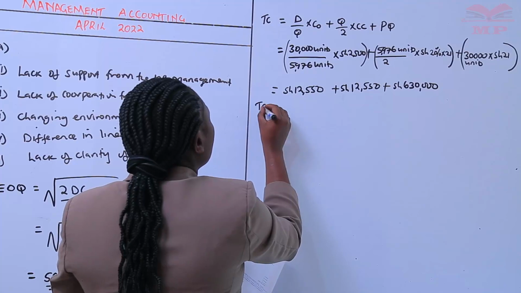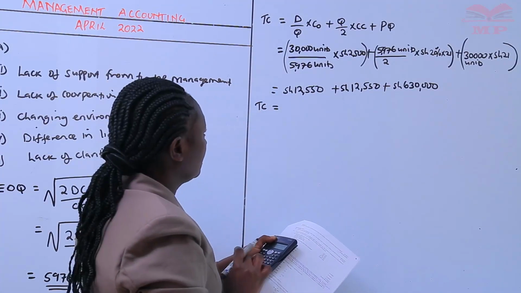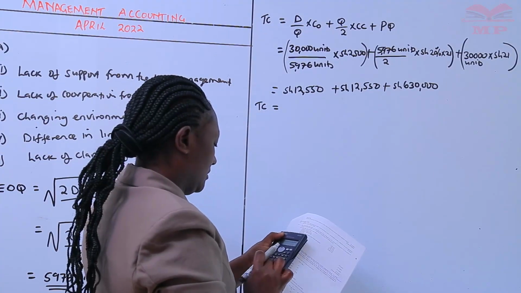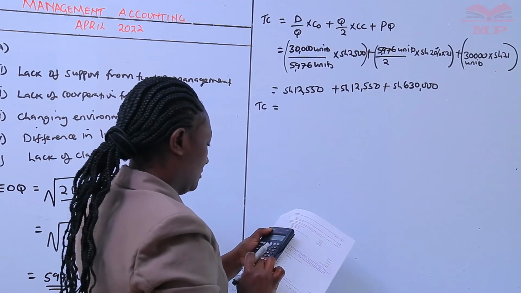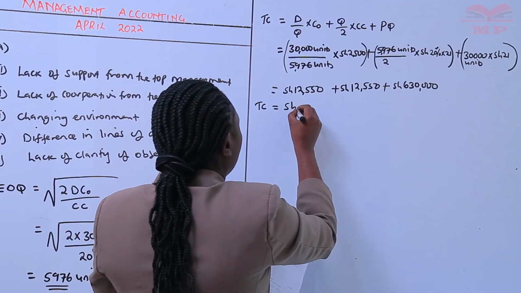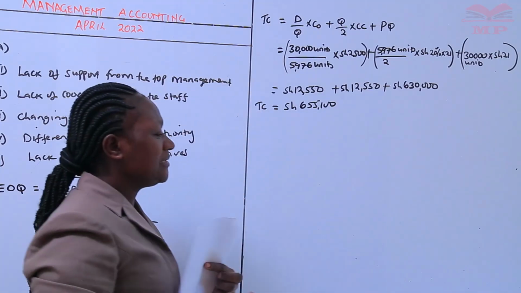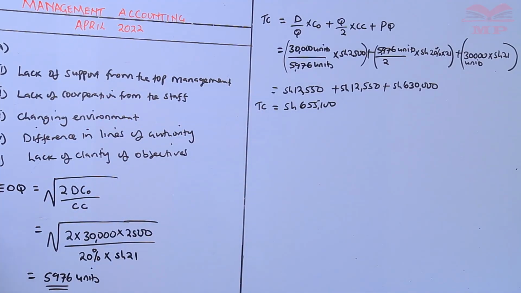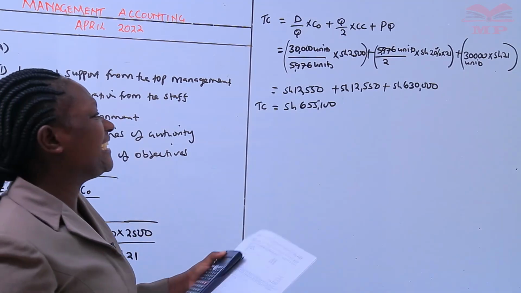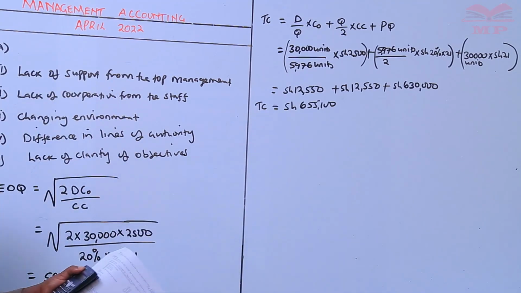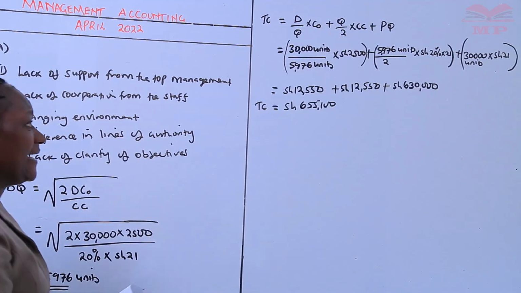So the total cost will therefore be 655,100. So that means that if the firm is to buy without considering any discount, then this is the total cost that it incurs when it is buying 5,976 units. So that's the first step to consider.